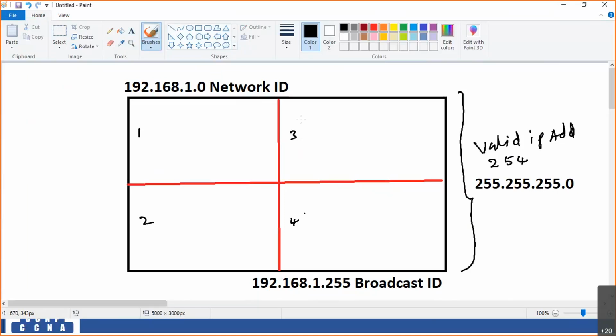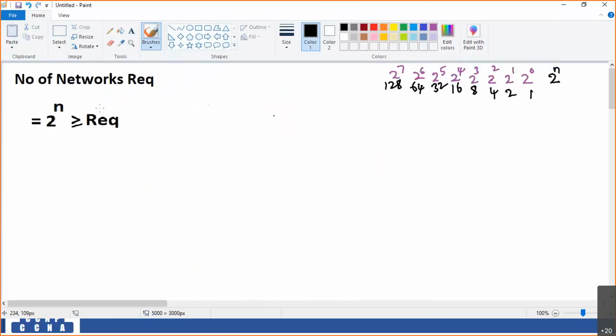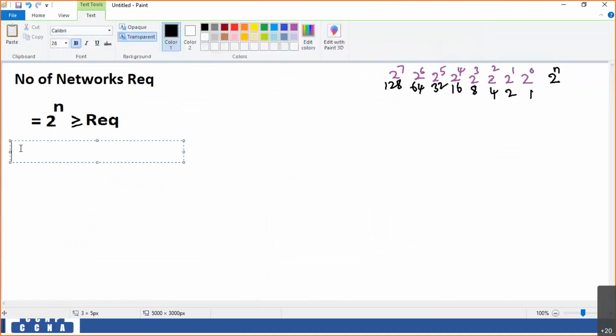So we'll do this thing. Now for the number of networks requirement, we'll take the example of Office ABC. How many subnets does Office ABC require? 4, because there are 4 departments. So Office ABC requirement is 4.